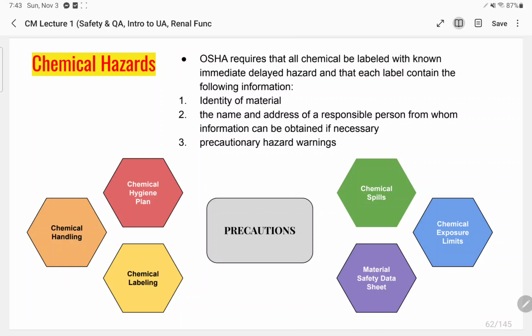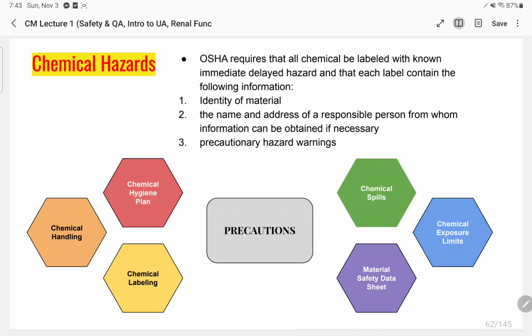And each label should contain the following information. Identity of material, unsa man ang type of chemical, unsa man ang name o address sa naghimo ani nga chemical. And then unsa man ang mga precautionary warnings nga pwede nato nga himuon or i-follow para dili ta biktima sa mga chemical hazards.